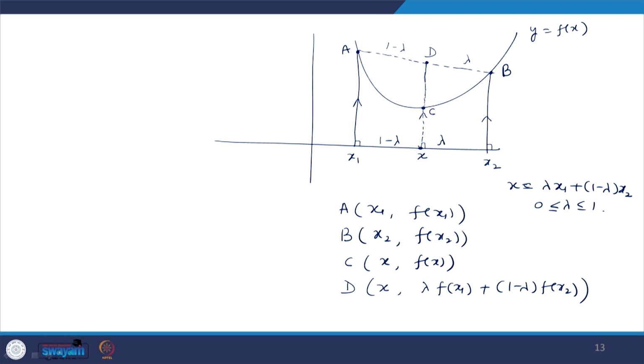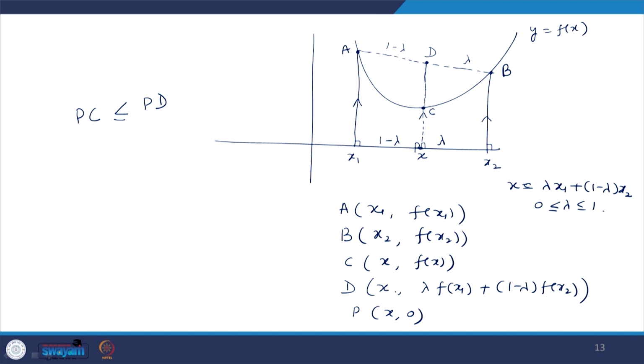Now, suppose this point (x, 0) is P. One can easily see that PC, if it is a straight line, it may be equality also. And what is PC?